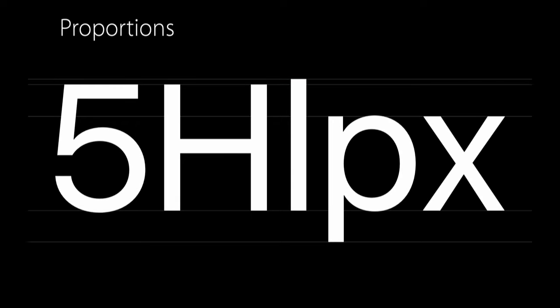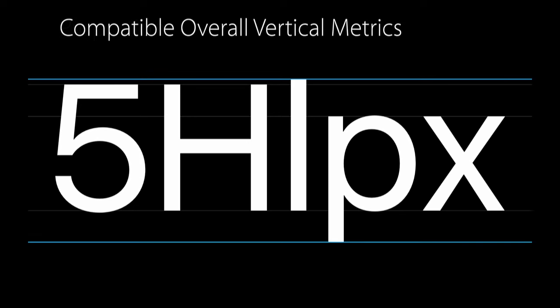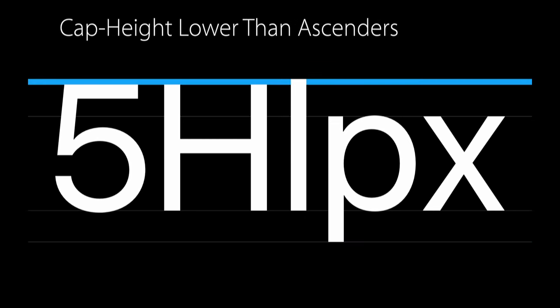Now, for proportions, the SF family has compatible overall metrics with the previous UI fonts that we shipped, which means your apps won't experience a lot of vertical reflow. In fact, they won't experience any vertical reflow at all. But within these compatible vertical metrics, we actually changed the proportions a little bit. For example, we made the uppercase shorter a little bit.